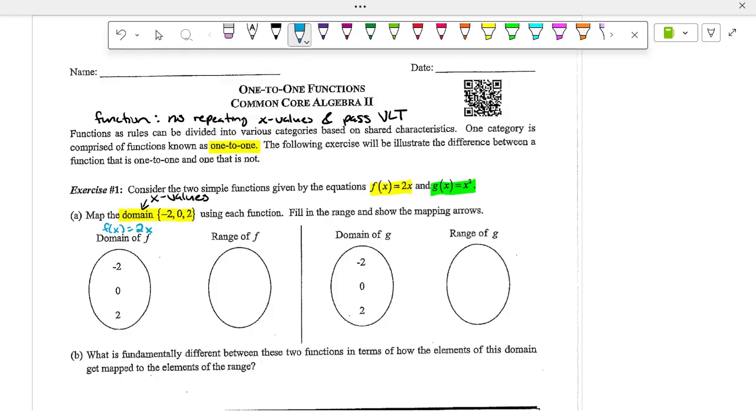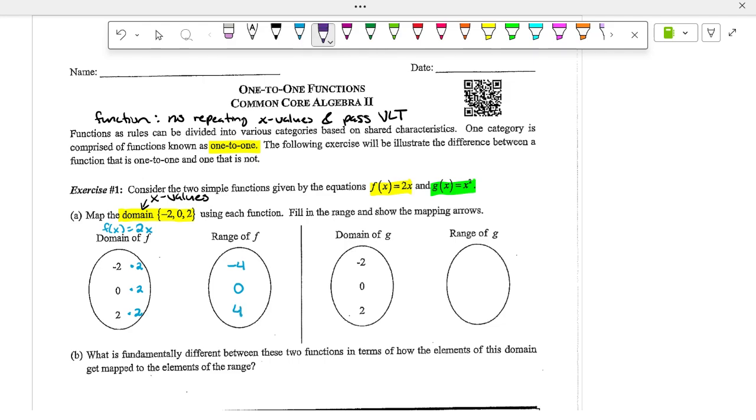If we plug it in, what's the only thing that I'm doing? Multiply by 2. So I just have to multiply all of these values by 2. So what is -2 times 2? -4. 0 times 2? 2 times 2?